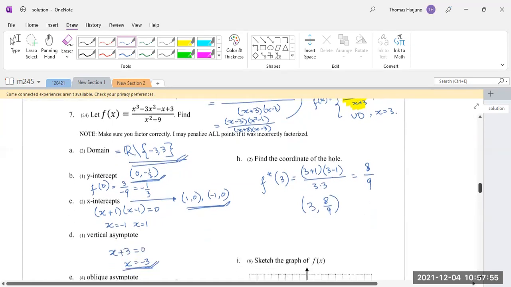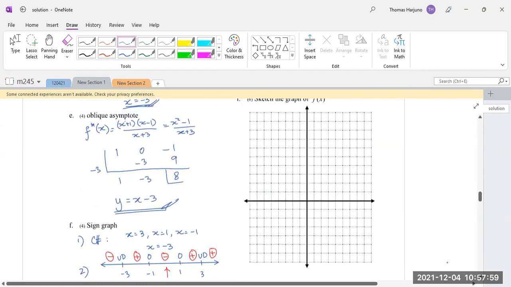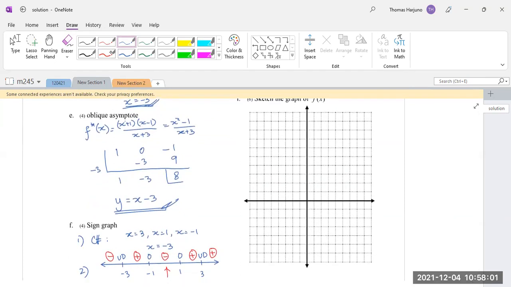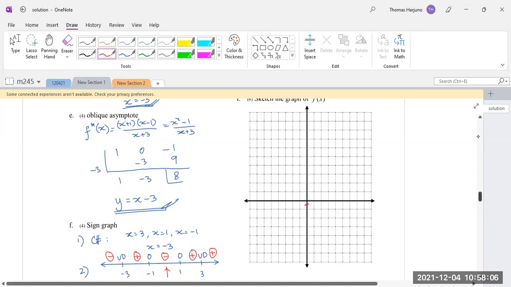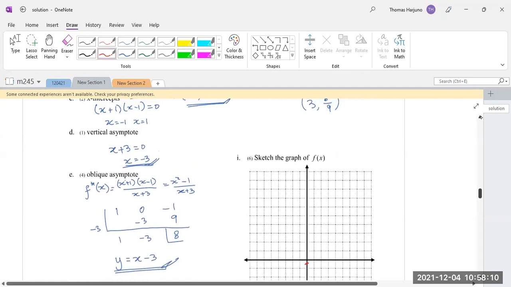Now put things together. The y-intercept (0, -1/3) is here approximately. The x-intercepts are (-1, 0) and (1, 0). Oh, by the way, do not rescale it though. Just use that one. Every grid represents 1 unit.